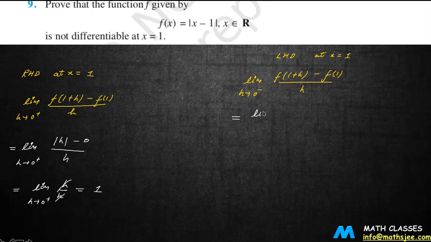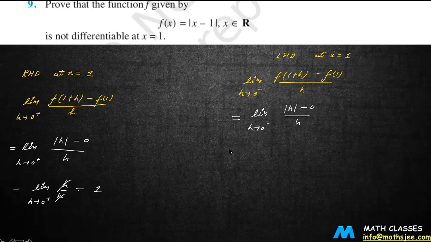Now we'll see how the function changes. This is limit h tends to 0 minus f of 1 plus h. Again, this is a mod, so again this is mod h minus 0 upon h. Now understand one important point: when we are approaching 0 from the negative side, we know h is negative, right?